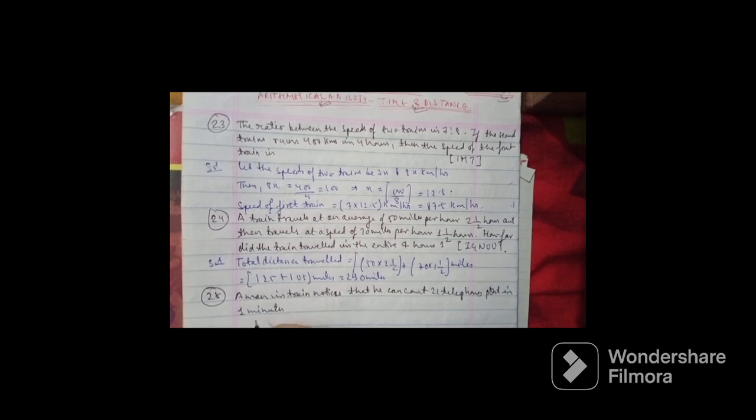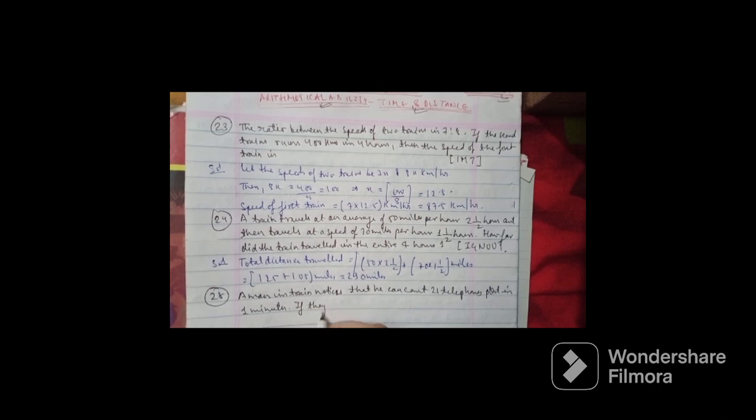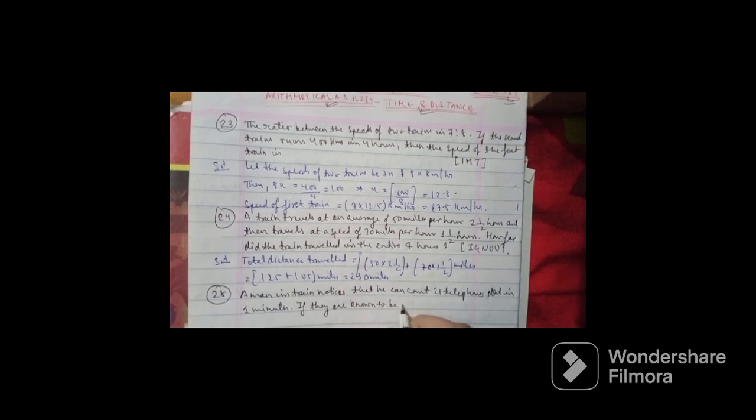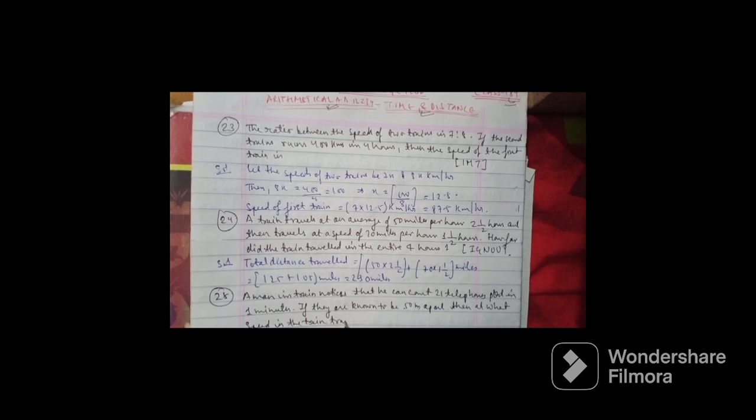If they are known to be 50 meters apart, then at what speed is the train traveling?